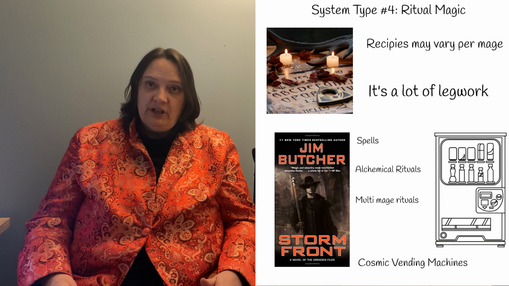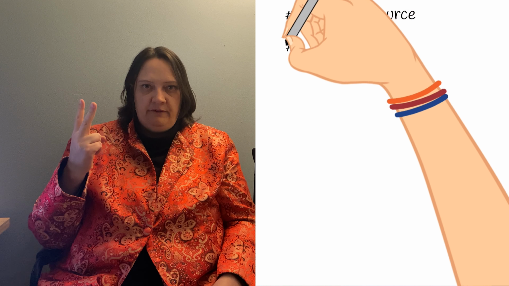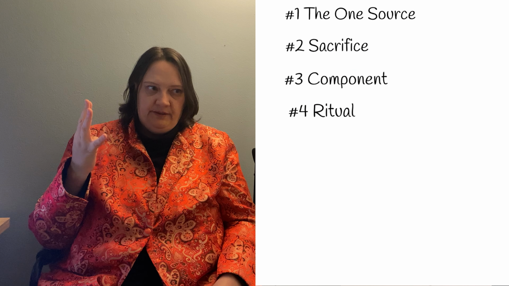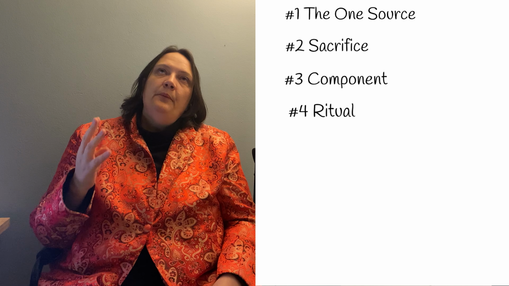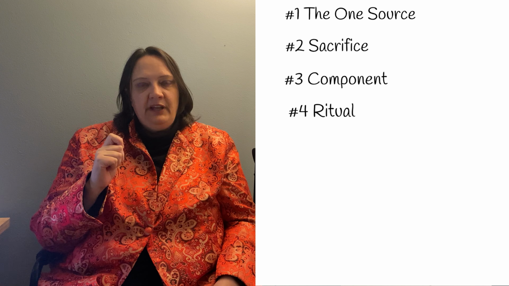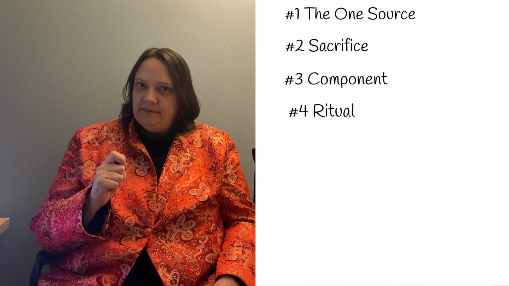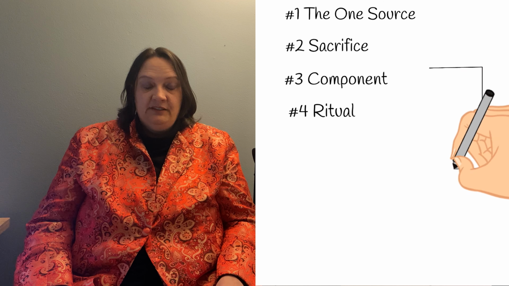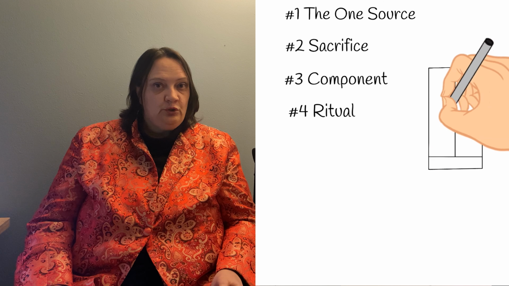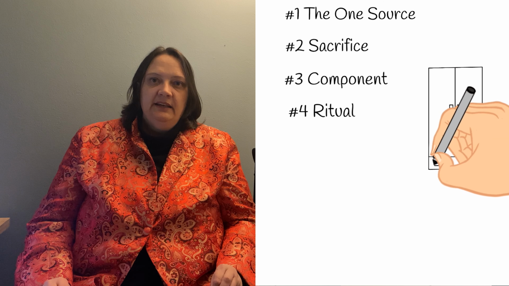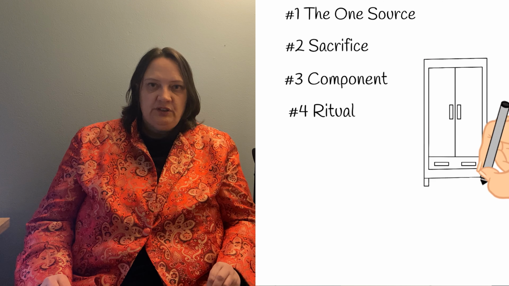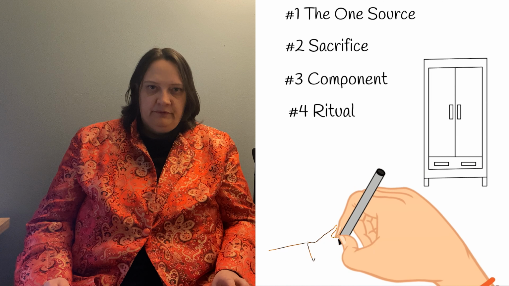So those are your four types of magic systems. You have your one source, your sacrifice magic, your component-driven magic, and your ritual magic. Okay, but you don't have to be restricted to just one. Like a good wardrobe, you can mix and match these things. So maybe you've got a one source magic, but your one source magic can only be used by people who are 1,000 years old and of the elvish race.